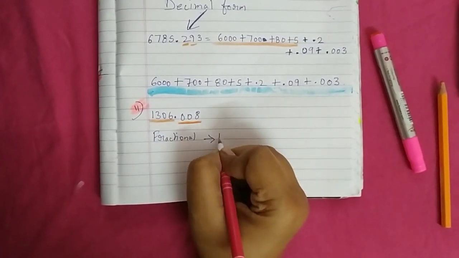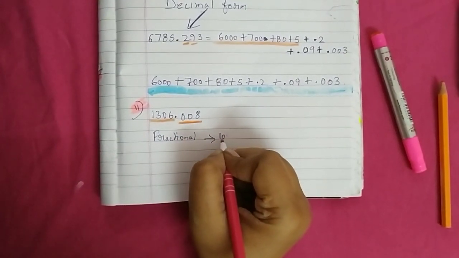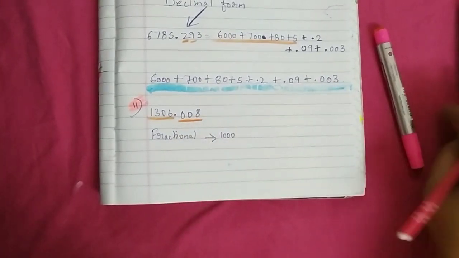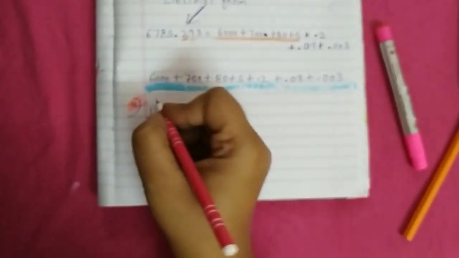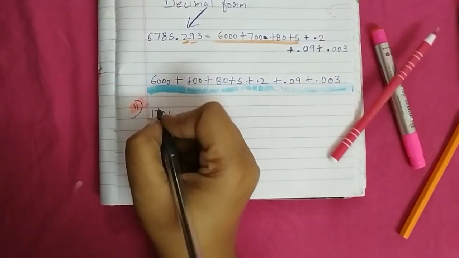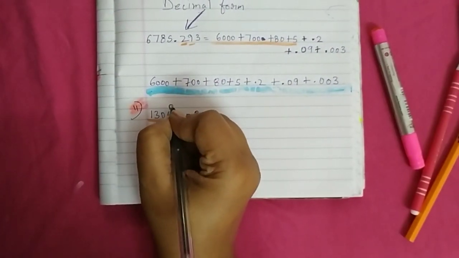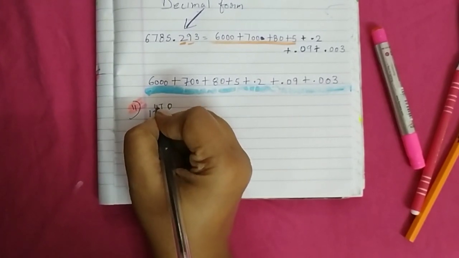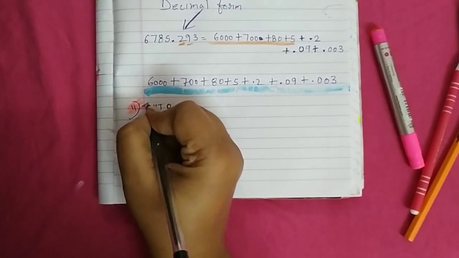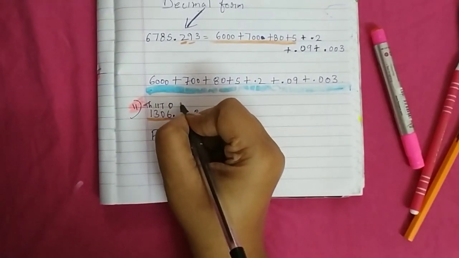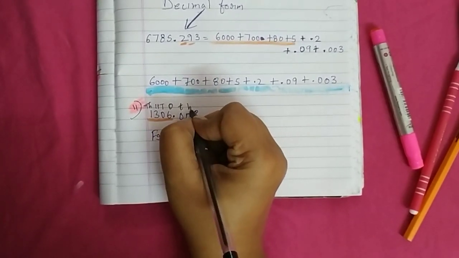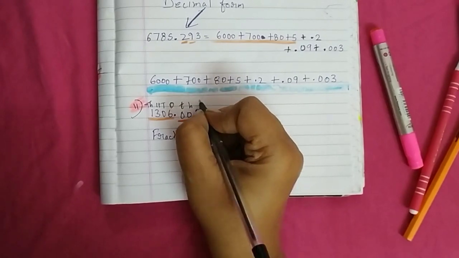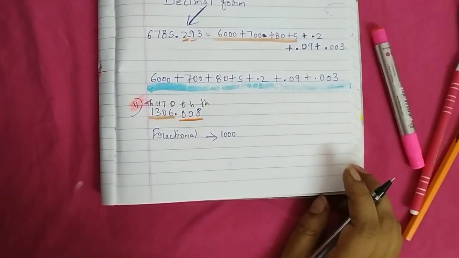Now see, 1000. Why 1000? Because here we are having 1 at thousands place. Here ones place, tens place, hundreds place, thousands place. Small t, that is tenth, small h, that is hundredth, small th, that is thousandth.